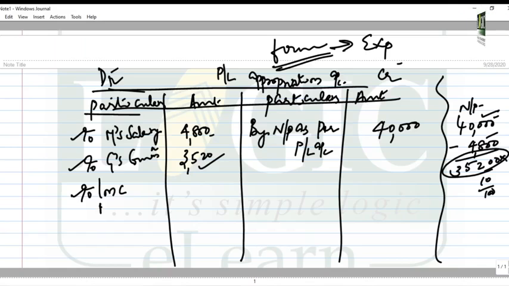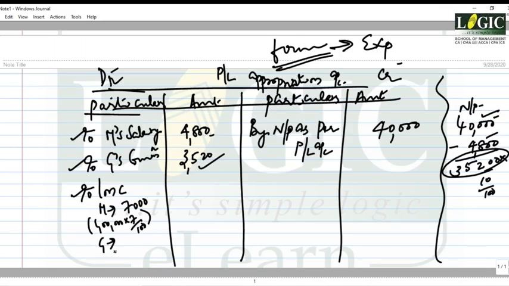In the case of Manish, it should be 1 lakh into 7 by 100, so it should be 7,000. That is 1 lakh capital, upon that 7%, 7,000. In the case of Girish, 80,000 into 7 by 100, it is equal to 5,600. So 7,000 plus 5,600 is 12,600.